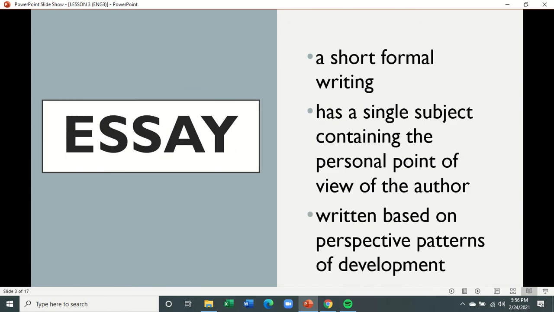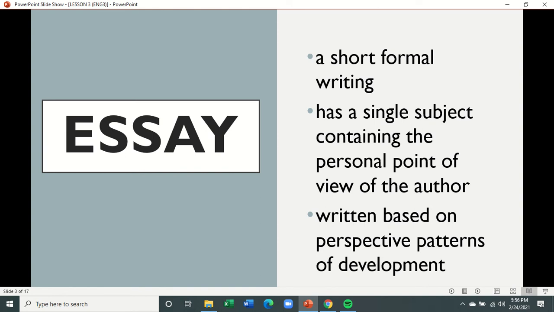Okay? So the next one is essay. When we say essay, this is the most commonly used academic writing. It is a short formal writing and it has a single subject only, containing the personal point of view of the author. Essay is commonly used by the students and therefore it only has one topic and it contains the perception and perspective of the author writing the essay.